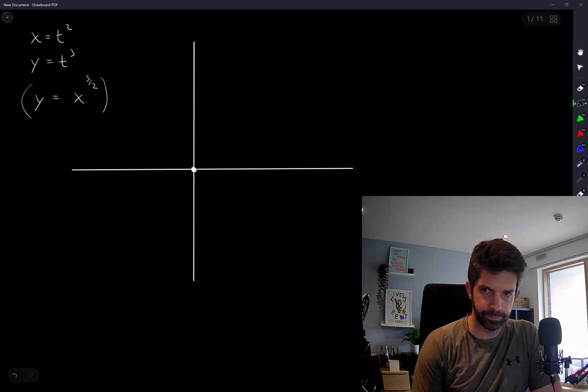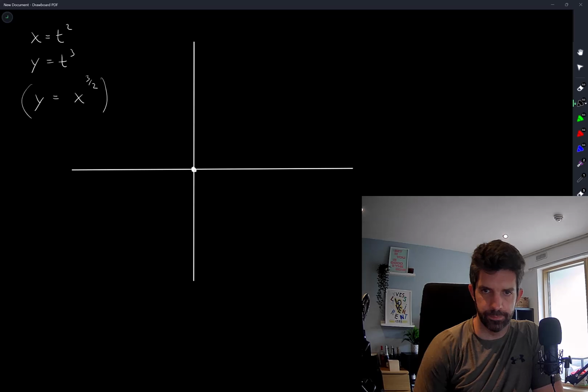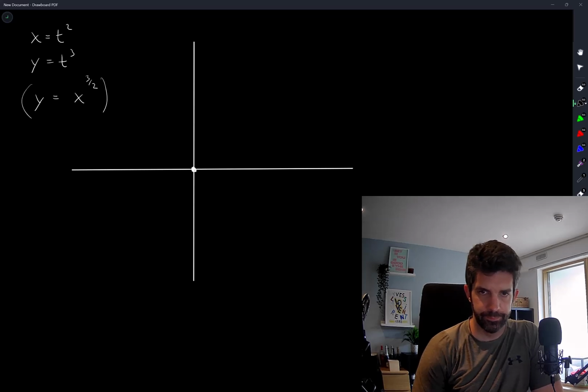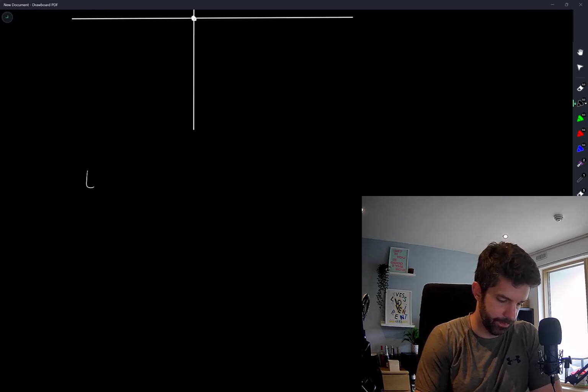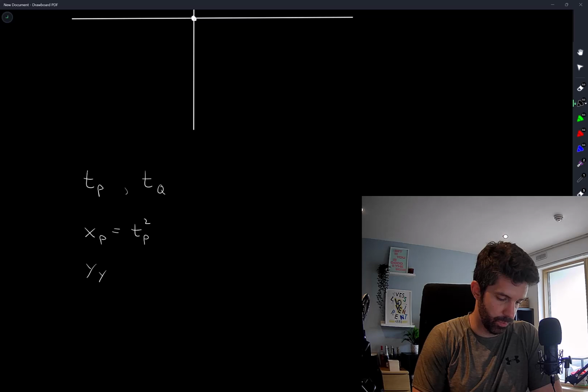So the first thing we need to do, hold on. What do I want to do here first? Let's say for the point P, we have tP, and for the point Q, we have tQ. So then xP is tP squared, and yP is tP cubed.